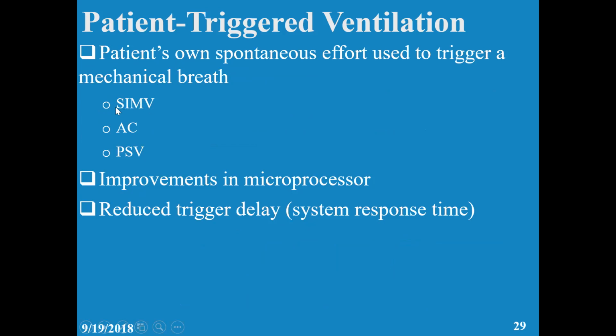So it's only timing it, and if the rate exceeds, it will not support, but it will not breathe against it. In assisted control, it should be triggered, and PSV. So these are called patient trigger ventilation: SIMV, assisted control, and PSV.